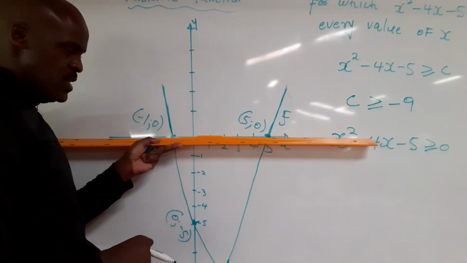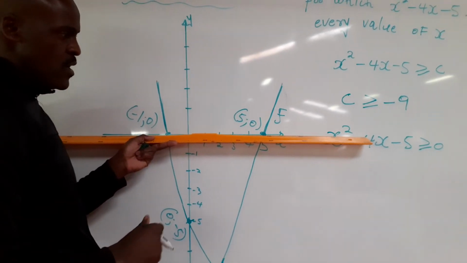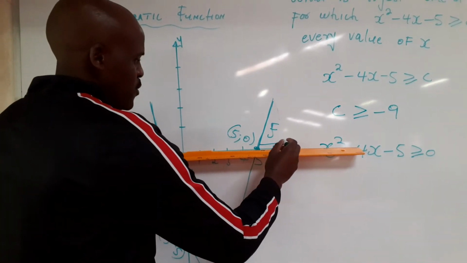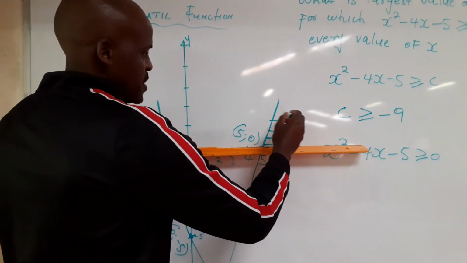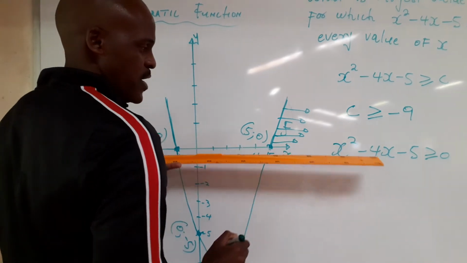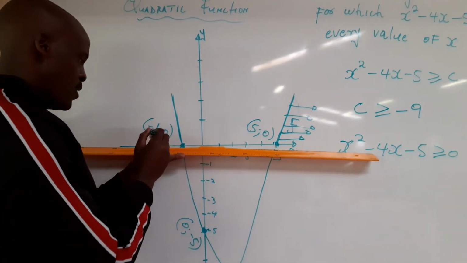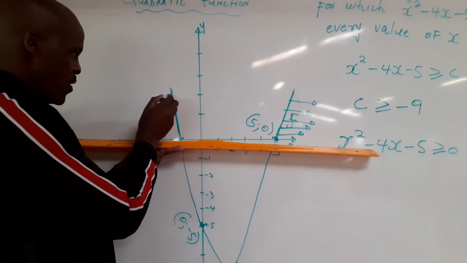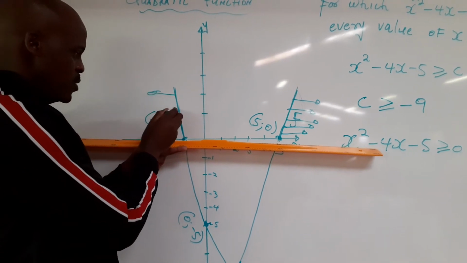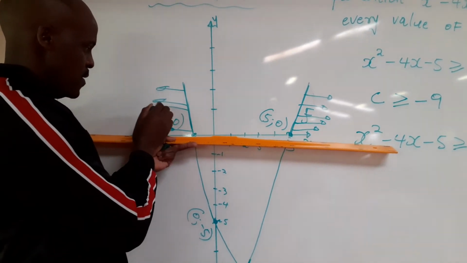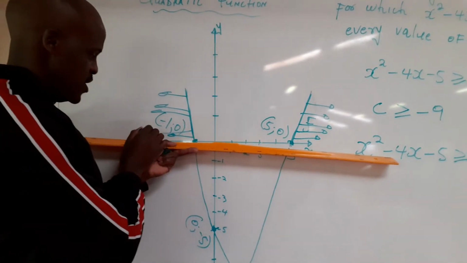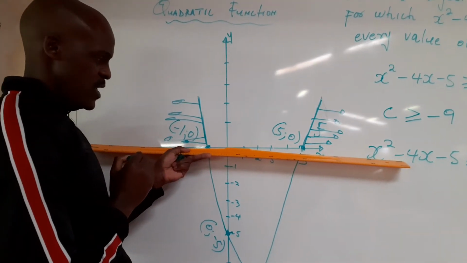Below the x-axis, it's negative. In other words, when you go that direction, our y is positive. When you go for the values of x, we are talking about the values of x. When you go that direction, our y is positive.